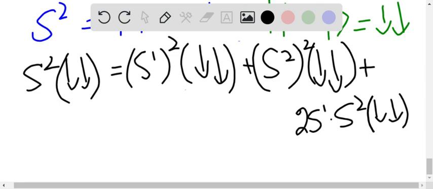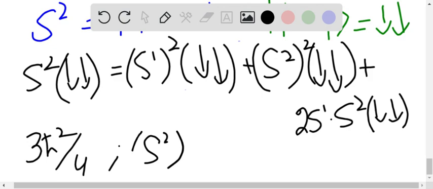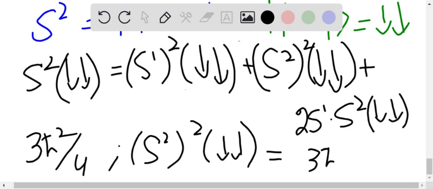The first term would be 3h square by 4, the second term is 3h square divided by 4, and the third term will be h square divided by 2.